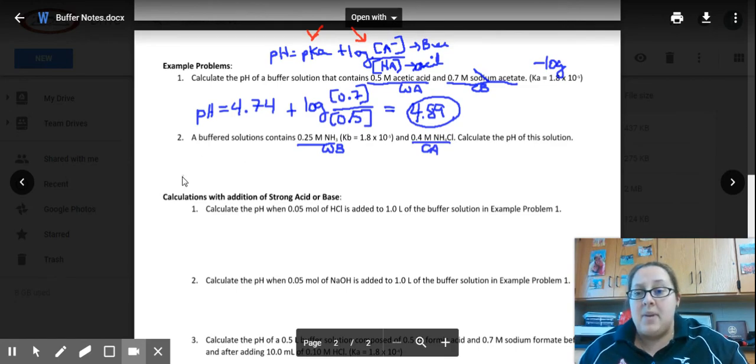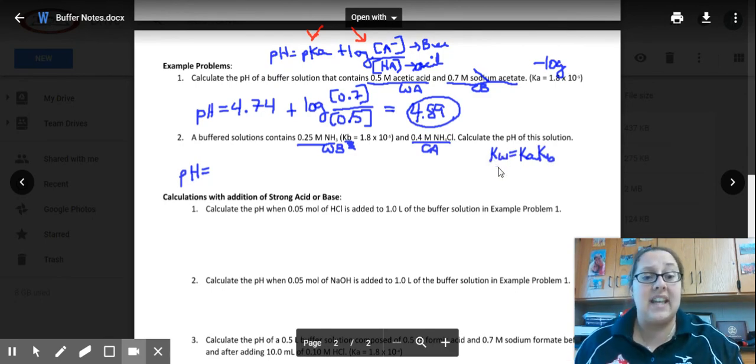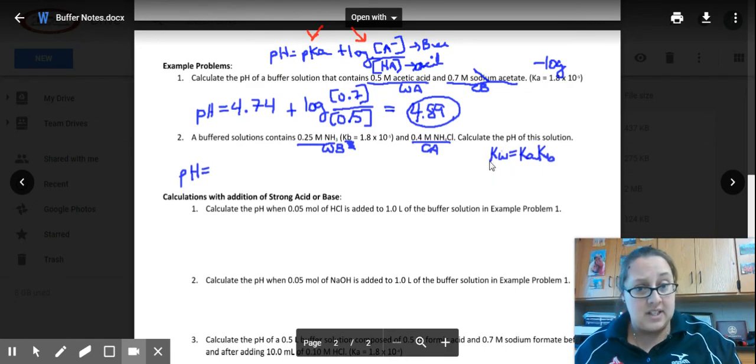Now, my pH is equal to pKa. Notice here how I have a Kb value. So what I'm going to have to do is use the Kw formula. Kw is equal to Ka times Kb, and Kw is equal to 1 times 10 to the negative 14. So I'm going to take 1 times 10 to the negative 14, divide by the Kb, and that's going to give me my Ka value that I'm going to plug in right here.